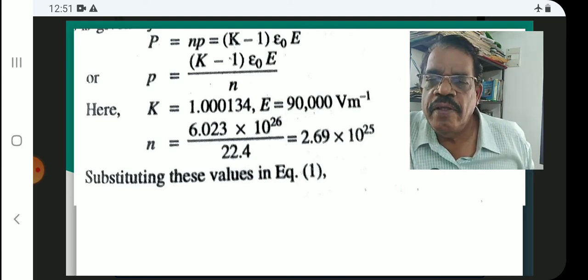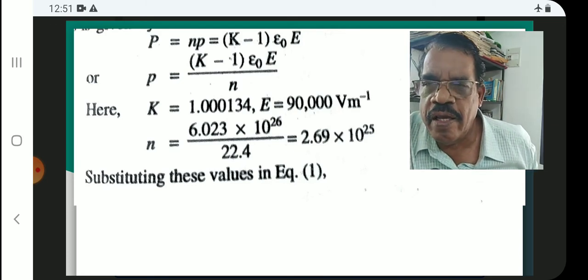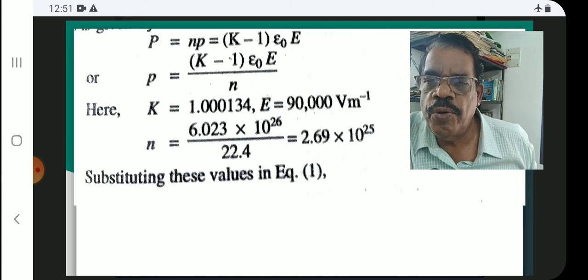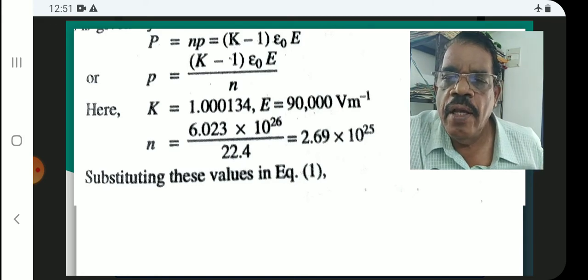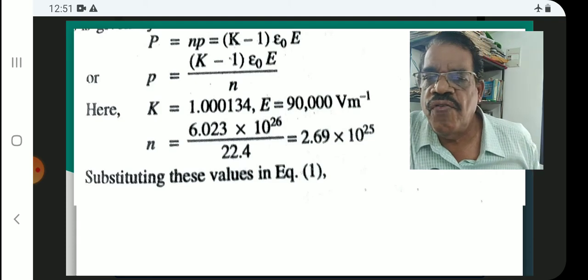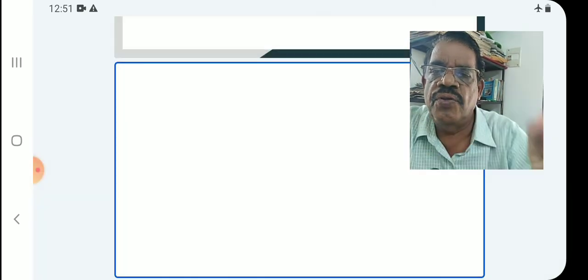Small n is capital N by V, capital N is the usual value given in the table, 6.023 into 10 raised to 23 per mole. Molar volume is 22.4 liters, that is 22.4 into 10 raised to minus 3. Then we get this answer, 2.69 into 10 raised to 25.